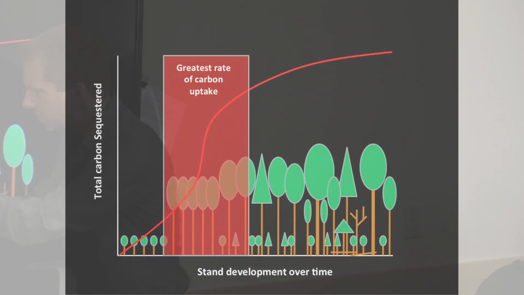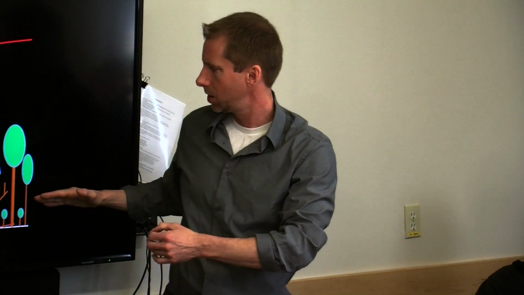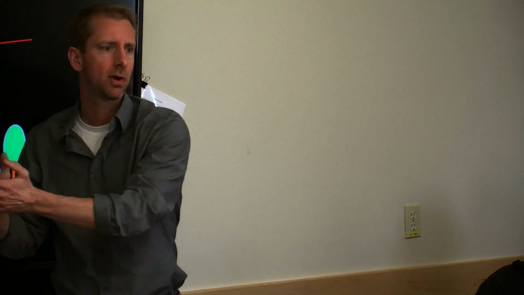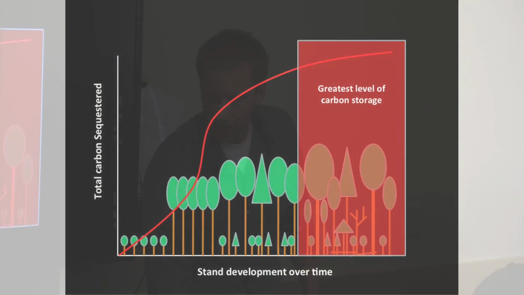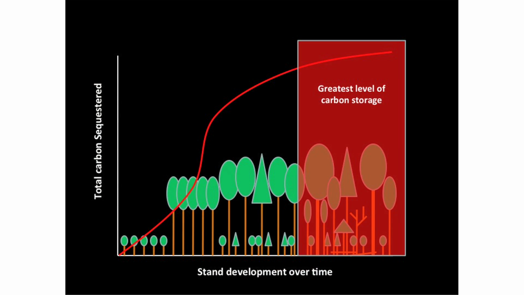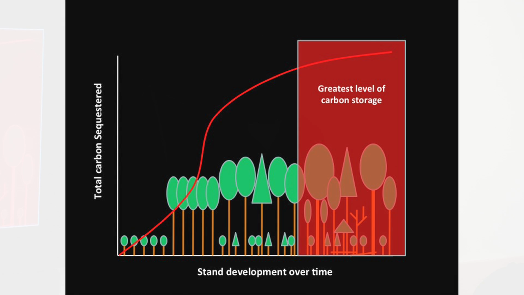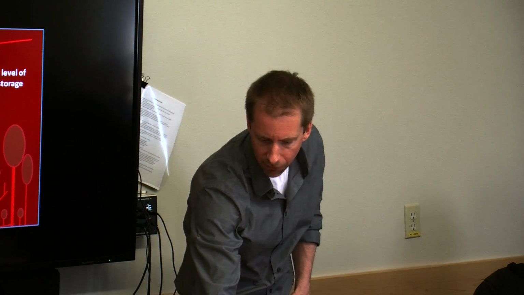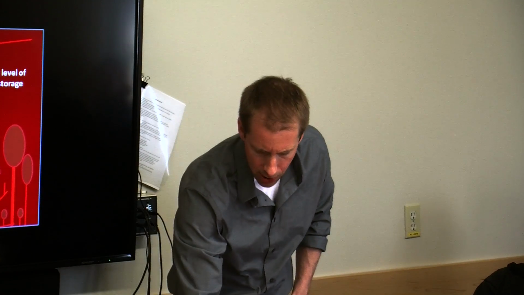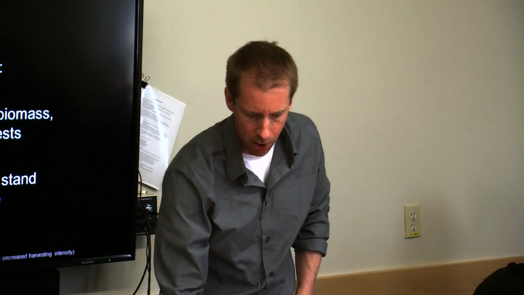If you just focus on that part of this sere, it's going to give you a very different impression of carbon dynamics than if you focus on later stages of development that may have lower rates of carbon sequestration, but during which total biomass, both above ground and below ground, reach their highest levels. So we need to think about both of those, and maybe it's the different stages of focus that explain some of the confusion and disparity.